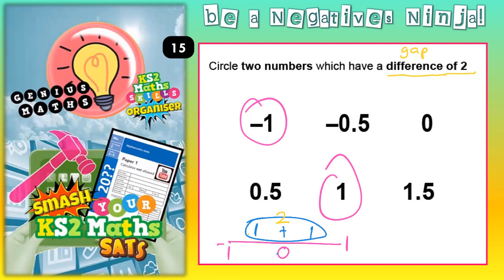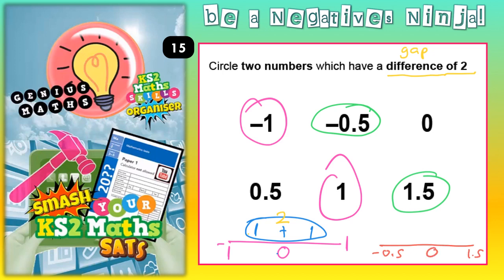Another answer you could give is 1.5 and -0.5. And again, let's explore that one. So with a number line, we will put 1.5 at the larger end and -0.5 at the smaller end, with 0 somewhere in between.